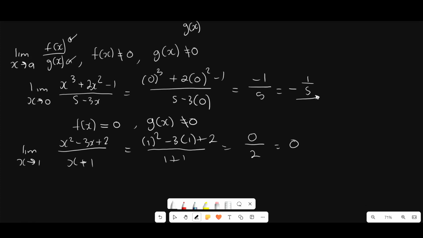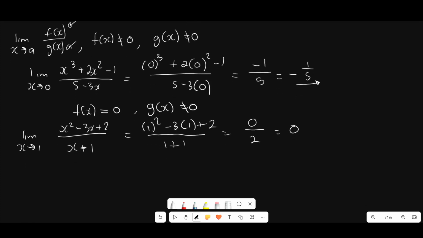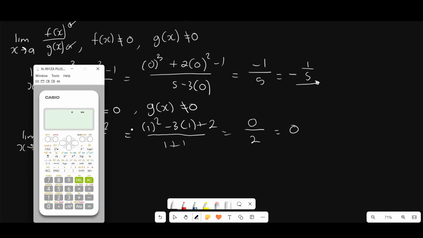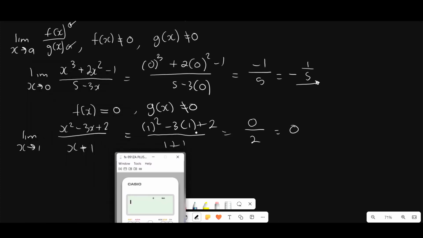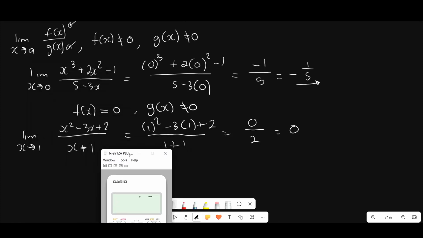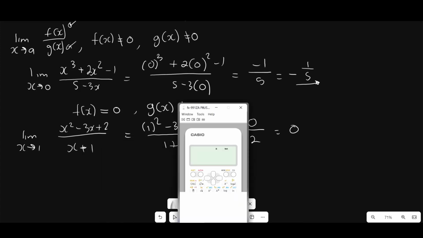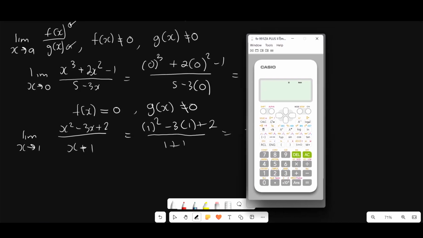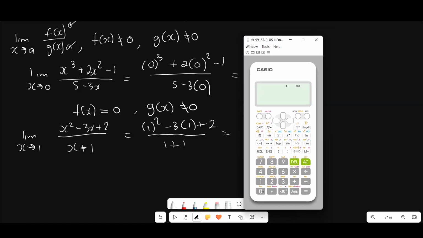You can see this if you plug it on a calculator. I'm going to take a number that is very close to 1, say 0.9999999, and then I'll divide.